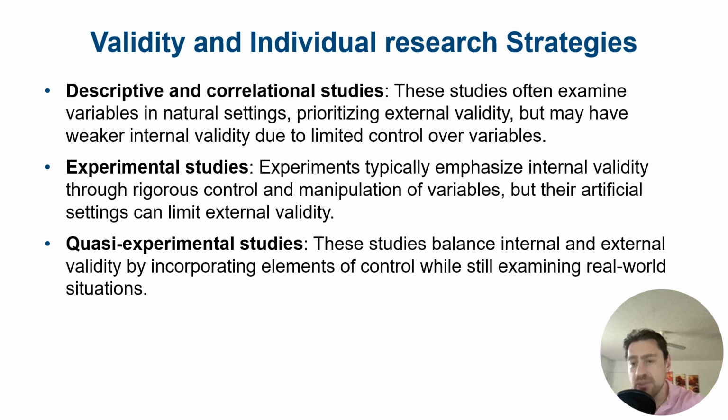Now, all of this raises internal validity, but may limit external validity because oftentimes you create a study that is very artificial and unnatural. And finally, quasi-experimental studies will do a decent job of balancing internal and external validity, but usually without optimizing for either.